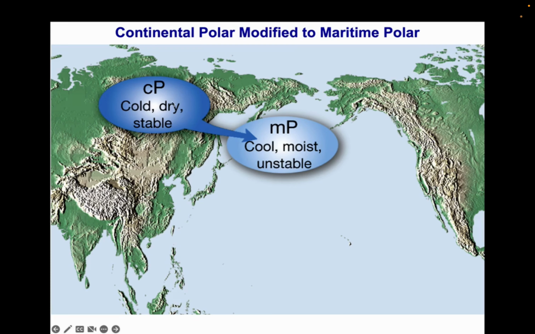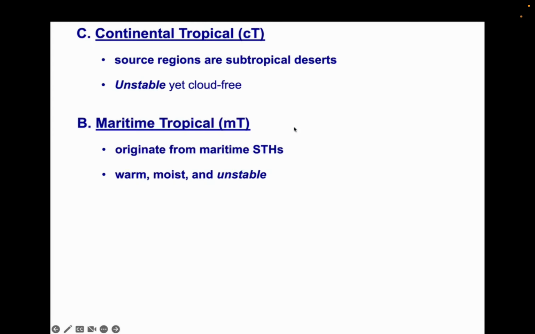So in a way, the maritime polar is a modified version of the continental polar. The major difference is that the continental polar air doesn't really contain a lot of moisture, while the maritime polar air mass contains a lot of moisture, right?